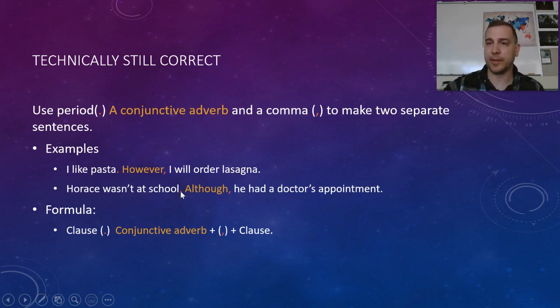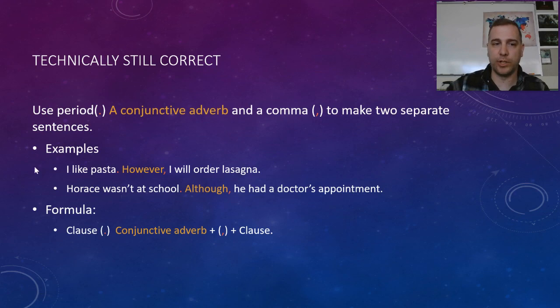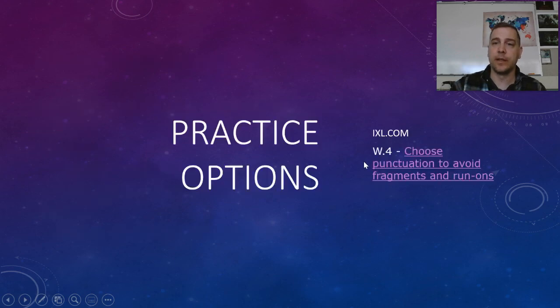You don't have to do a semicolon. So the difference would be the period would be a harder stop and it would create more of a division between what you said here on the left and what you say on the right. And the semicolon would be less of a pause and it would just keep the ideas flowing together, but both are grammatically correct. And so once again, now is the time to practice this.